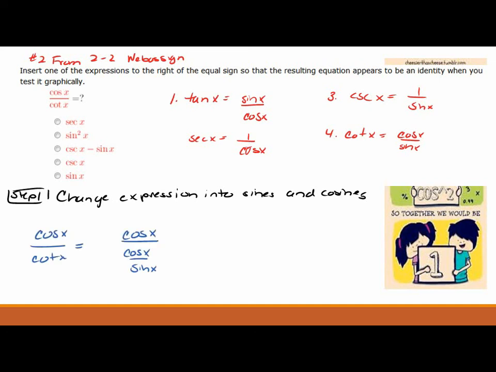So you change that expression using the cheat sheet, which is something that you should have imprinted on your brain. The red stuff. Using the red stuff, you change the cotangent, which was on the bottom, as cosine over sine. I was using number 4. The red stuff is my cheat sheet, which you're not going to be allowed to take into class. So you have to either tattoo it or memorize it.